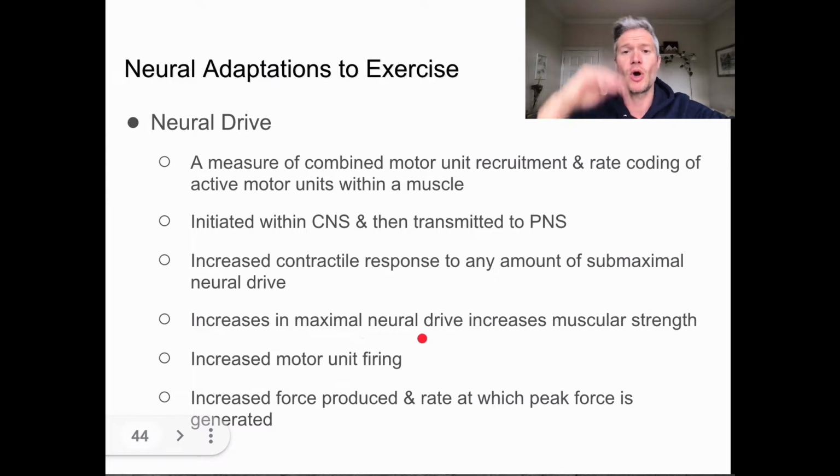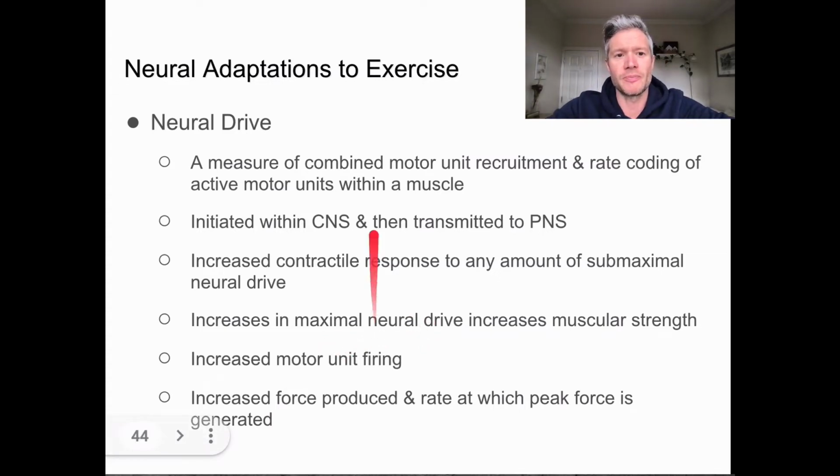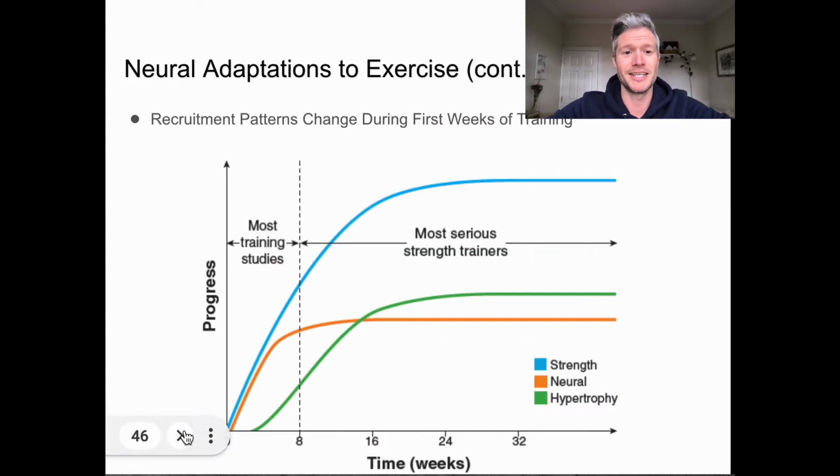It increases the maximal total amount of neural drive, so it increases our total strength, and it increases how many motor units are firing, and thus we see an increased force and rate or speed at which our peak force is generated. So again, turn up the volume, you turn up the capacity of our muscles to contract in all ways.